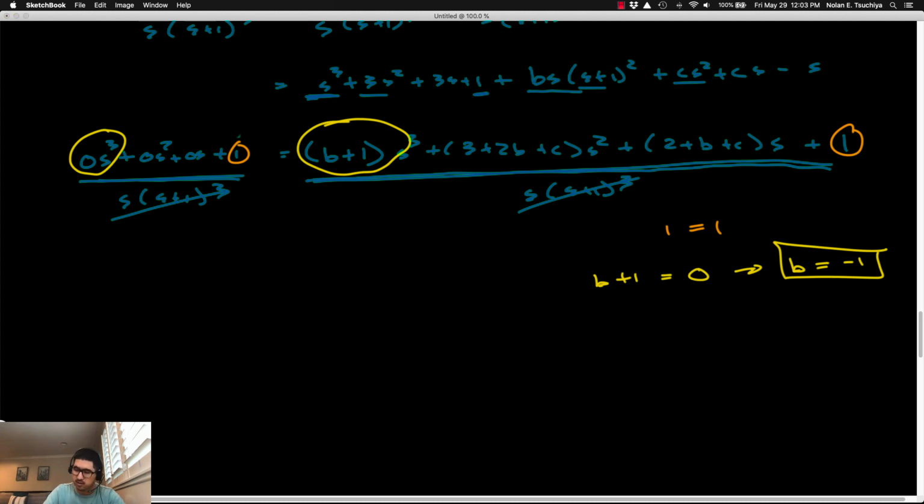Okay, then the other two coefficients should give me the same thing. 3 plus 2b plus c equals 0 should be the same thing as 2 plus b plus c equals 0. So I can use either one of those equations to solve for c, and I would find that c is equal to negative 1 as well.